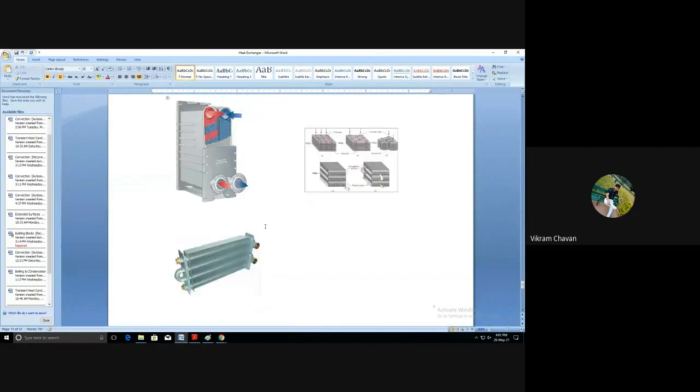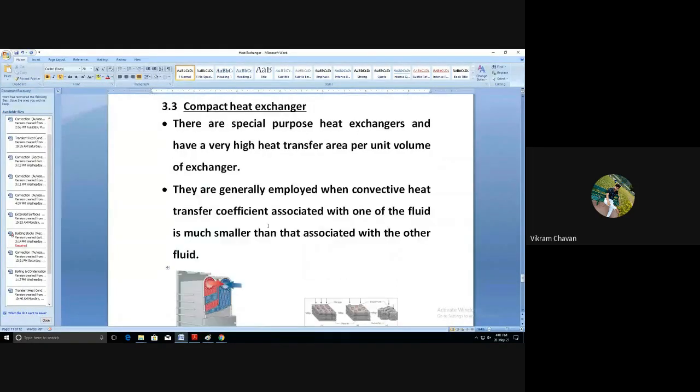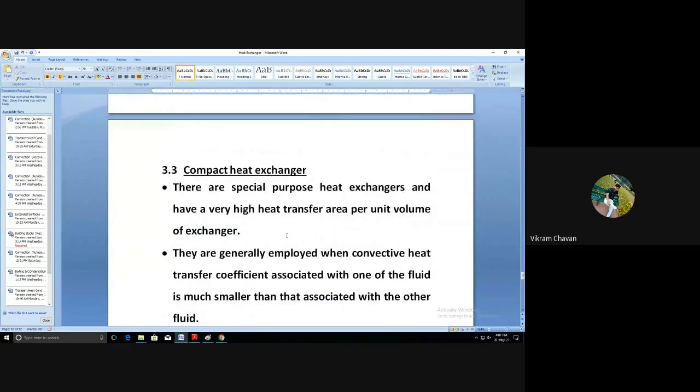We will discuss these tomorrow, then we will start the analysis of heat exchangers.